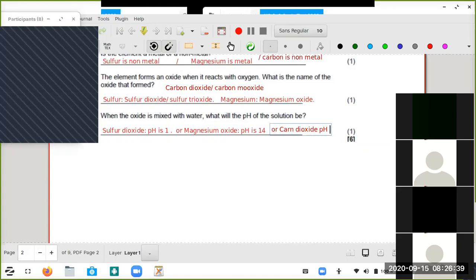An acid has pH 1. So all acids will be having pH 1. That's for acids. If it is a metal, it will have a pH of 14 because it's a base or an alkaline. All right. Are there any questions here?